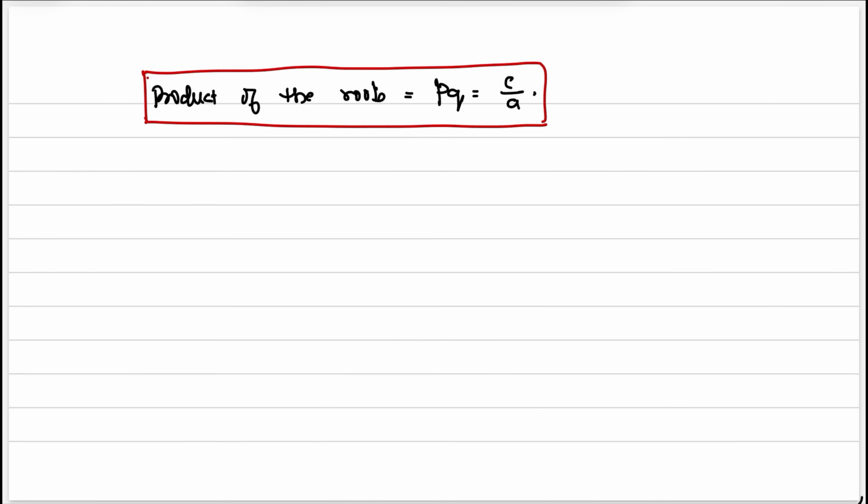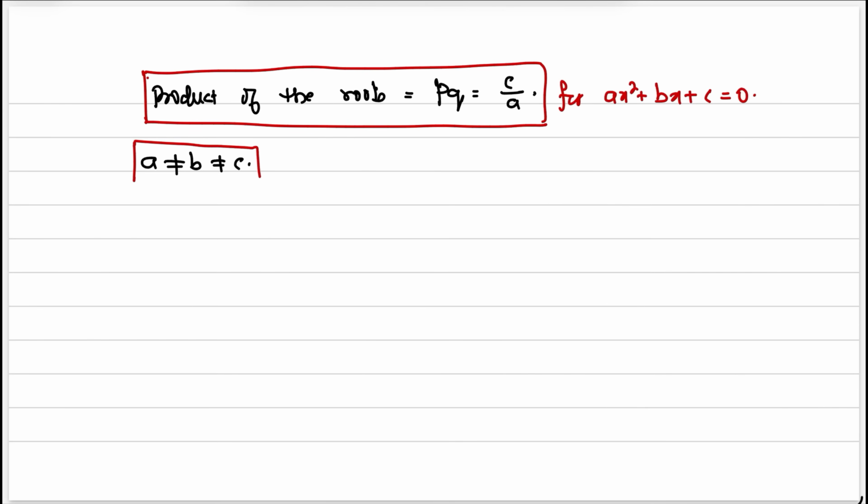For ax square plus bx plus c is equal to 0, let us say for a is equal to b is equal to c, it is very easy to find out. Let us not go for it. Let us say a is not equal to b is not equal to c.